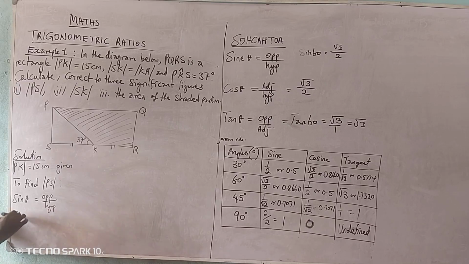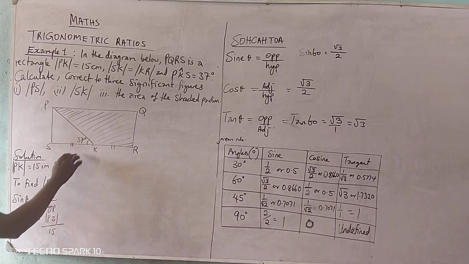So sine 30 degrees is equal to line PS over the hypotenuse, which is 15 cm. We are going to cross and multiply.